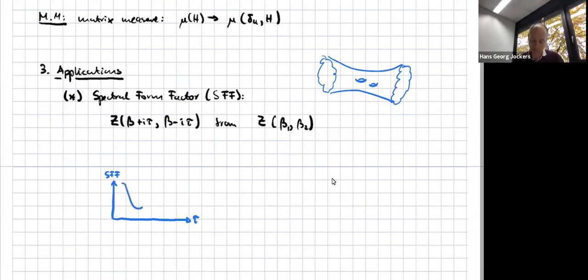You have a piece which is called a slope, then you have a ramp, and then you have a plateau. Actually, Joshua, who is part of this collaboration, knows all the gory details about the physical features.